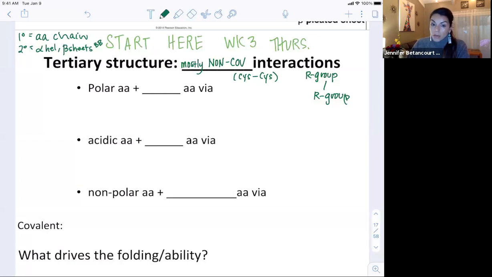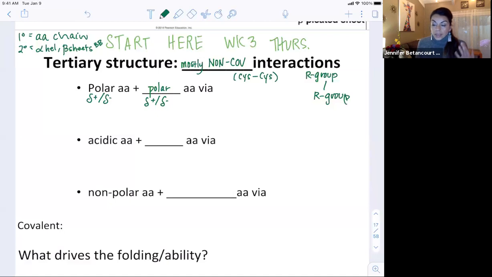If you have an amino acid with a polar side chain, that is typically going to interact with another amino acid or molecule that is also polar. Remember, polar means partial positive and partial negative. This is going to happen because of this partial positive and partial negative.